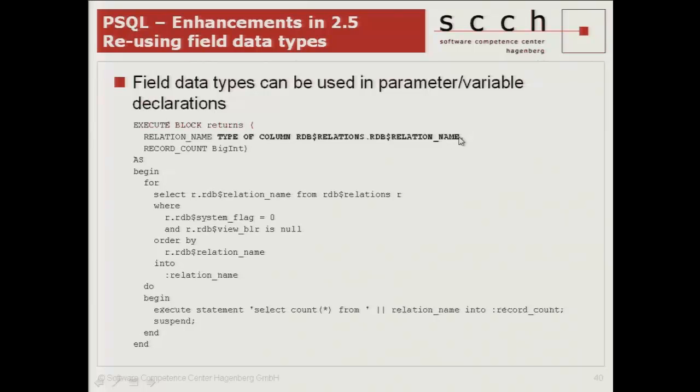So if you want to have the concrete data type of a relation name in the system tables, you previously had to use a varchar 31 or a user-defined domain, or now you are able to do that by providing the relation name and the relation name column, and it gets the data type assigned automatically.